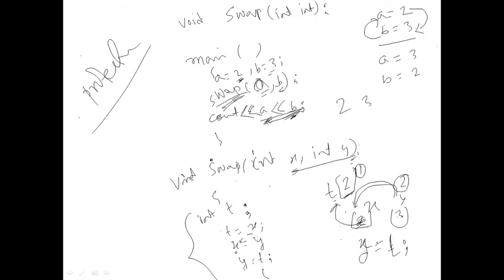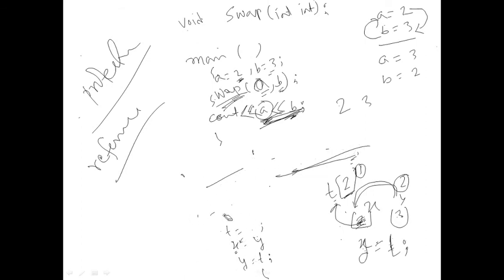But sometimes we need the external function to change the value of the actual argument. In that case we need a reference. Reference means when you make a change in the formal argument, the change will be reflected in the actual argument. So how to do that?